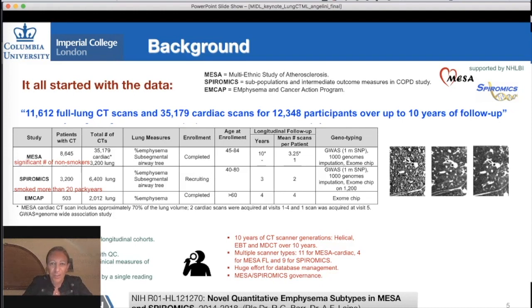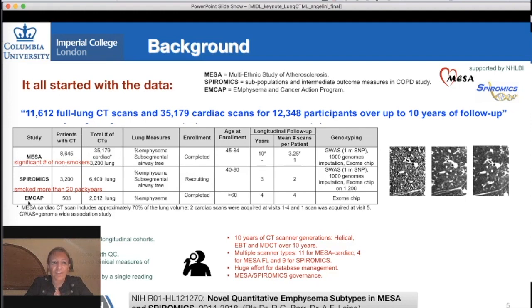So those cohorts are called MESA, Spiromics, and MCAP. MESA stands for Multi-Ethnic Study of Atherosclerosis. Spiromics stands for Subpopulations and Intermediate Outcome Measures in COPD. And MCAP, which is a smaller, older cohort, stands for Early Lung Cancer Action Program. So that's the initial table of data we were working with.